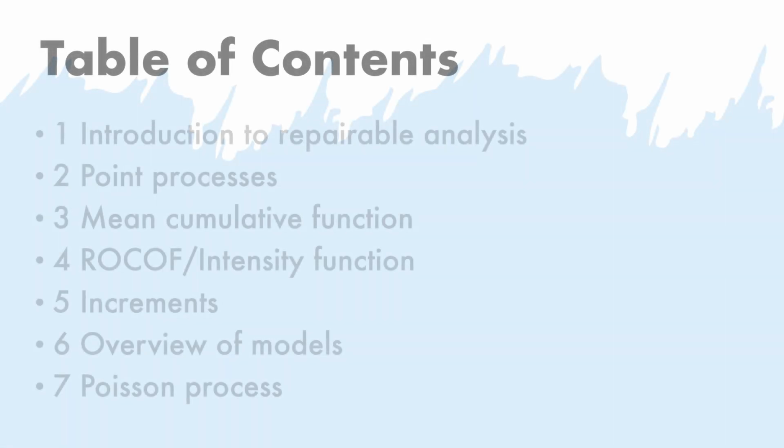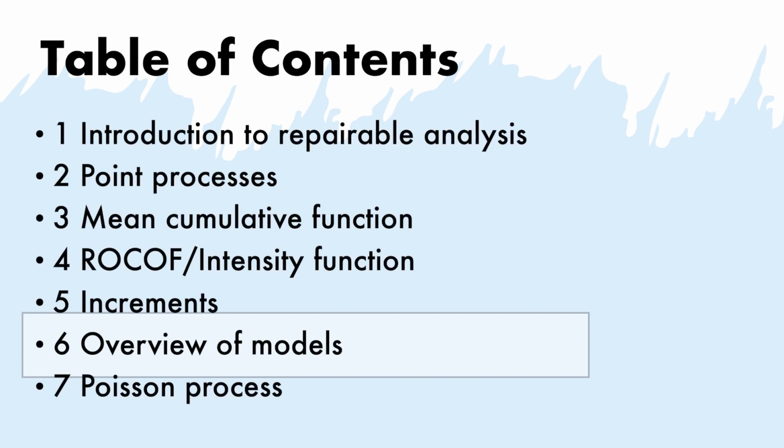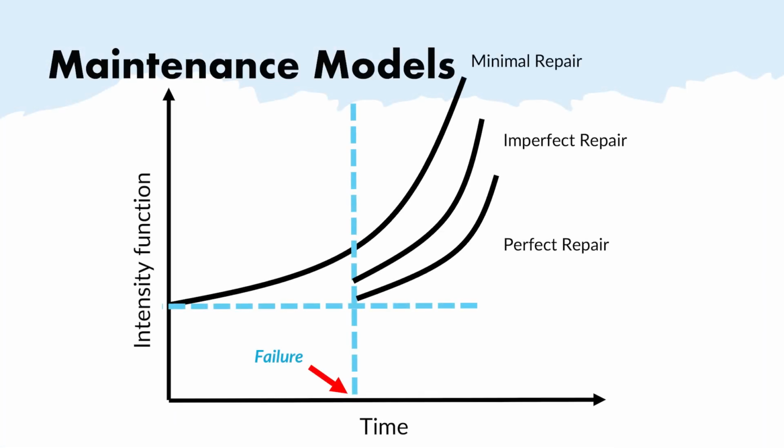And let us now look at different models that can be used to simulate and to capture the reliability of repairable systems. We have already discussed the concept of intensity function and how it characterizes the behavior of a given system.